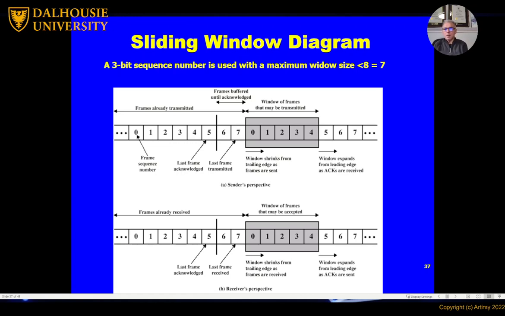Right? The window has to be less than that. The window is 5 frames.